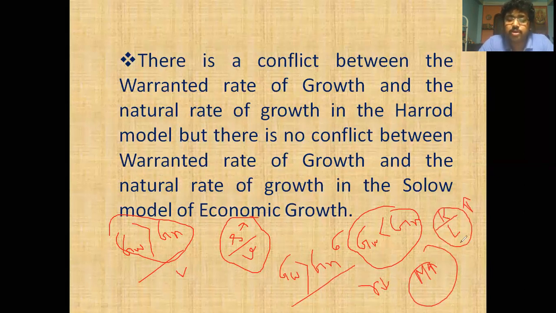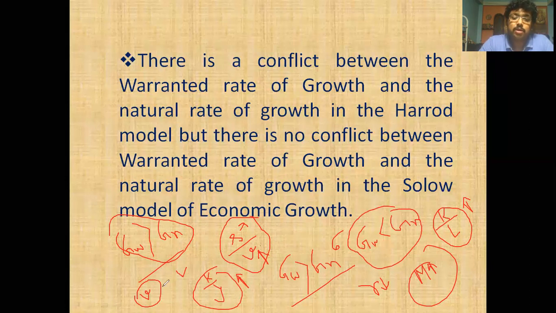As a result of this, the capital output ratio will increase. That means mu will increase. Mu is nothing but the capital output ratio, as is known to us. So it will increase. So what will happen to the warranted rate of growth here?